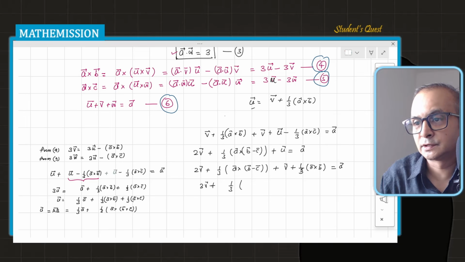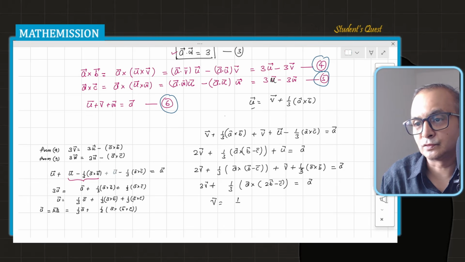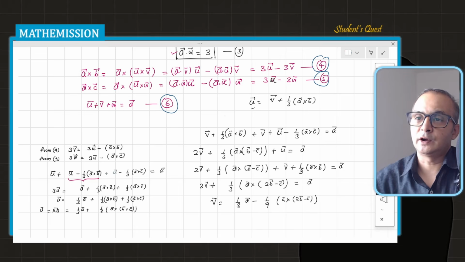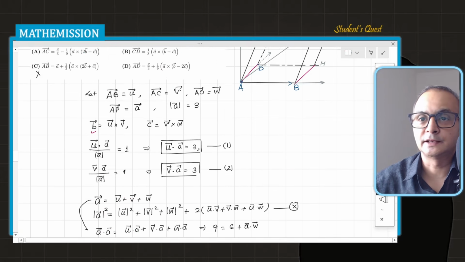So 1/3 and again a cross b, so a cross and b will get added, so 2b minus c vector is equal to a vector. So the v vector we got as 1/3 of a vector minus 1/9 of a cross 2b minus c vector. So in this way our first option is exactly correct.